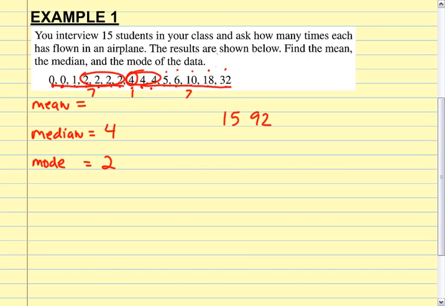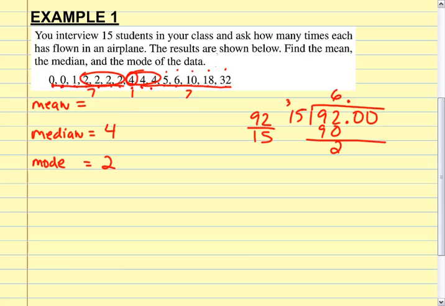Now, I could write that as a fraction, but we're going to do that by hand, and I'm going to do it out. So remember, the top number always goes inside the house. Okay? And this is 15 out here. 15 goes into 92 6 times. Okay? 6 times 5 is 30. Carry my 3. 6 times 1 is 6, and 3 is 9.